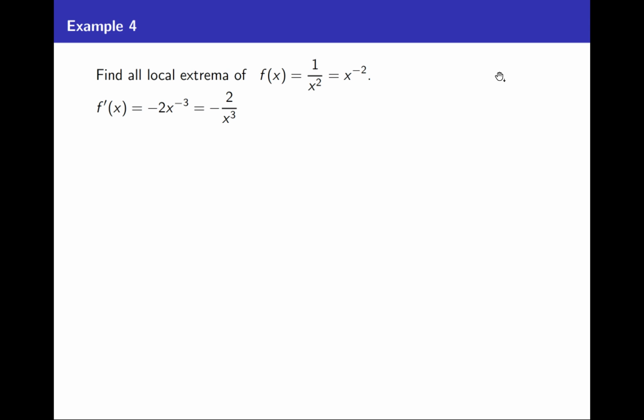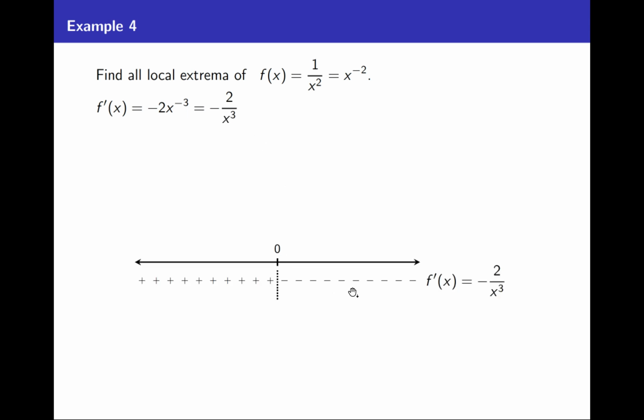And right there, that's so simple. You can automatically tell the sign of f prime. If x is positive, minus 2 over that positive number cubed is a negative number. And if x is a negative number, minus 2 over that negative number cubed is a positive number. So f prime of x is negative when x is positive, and positive when x is negative.